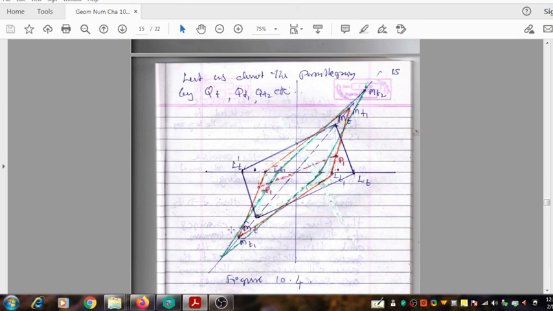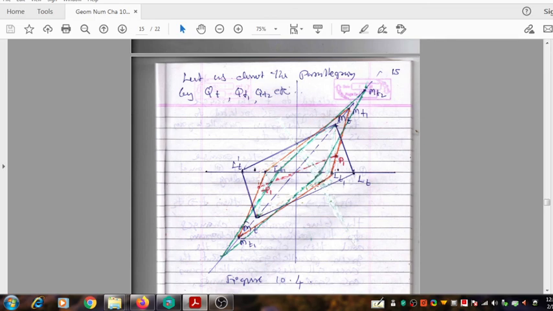But if the value is changed further in the same direction, then you can see that MT1 moves to MT2. So MT moves to MT1 and then to MT2, and LT changes to LT1, and LT1 moves to LT2.